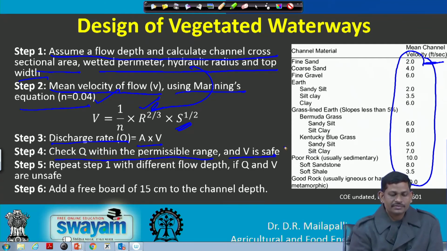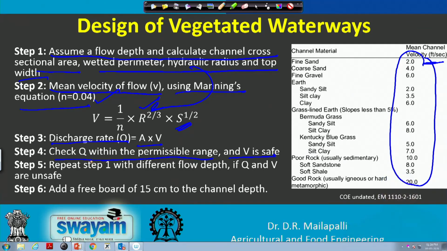These two things we need to check. First, see whether Q is within the permissible range. We already explained how to estimate Q using the rational method. Let us see whether the estimated Q is in the permissible range or not, and also whether V is safe. Repeat step number 1 with a different flow depth if Q and V are unsafe. So, this is kind of a trial and error method.